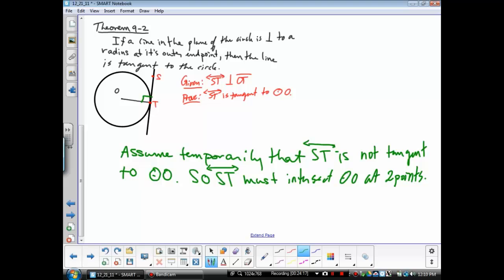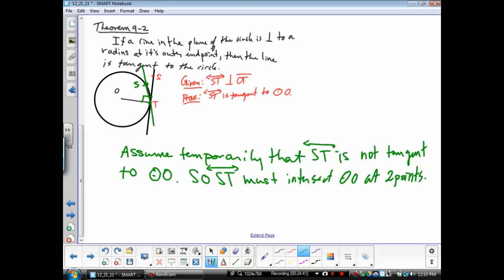So if I think of ST as somehow being bent, so it goes through T and it intersects at 2 locations. Since this is something that really cannot be true, we're going to end up with a contradiction and our diagram doesn't look quite right. But this is point S right there, we'll say.